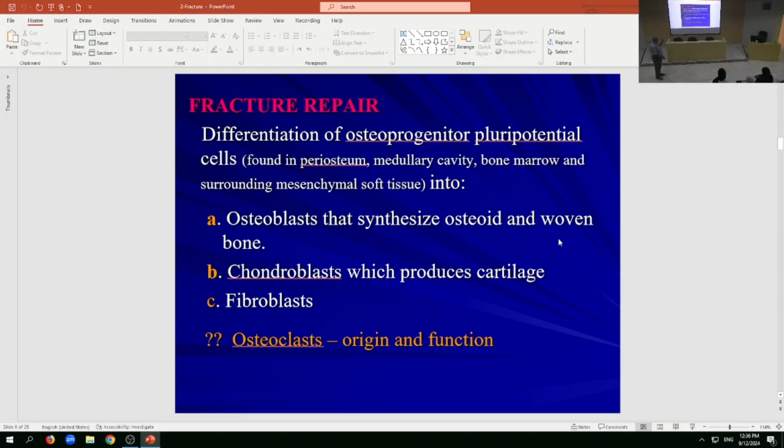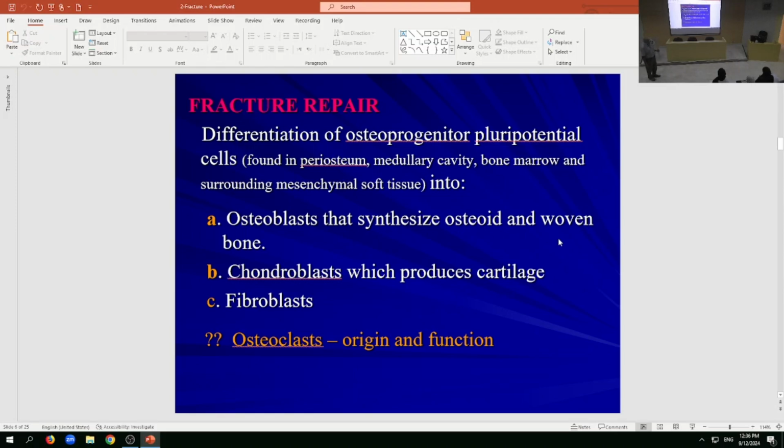One line is to make osteoblasts. The osteoblast can synthesize osteoid and woven bone. If these finish their differentiation and mature, they become osteocytes. These are permanent, they do not divide. Only the osteoblasts are capable of division.